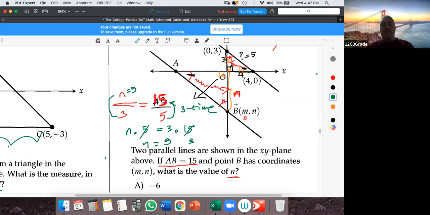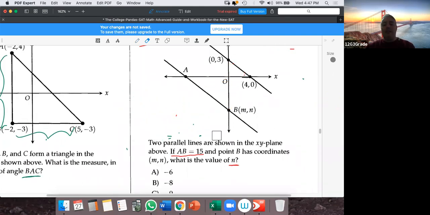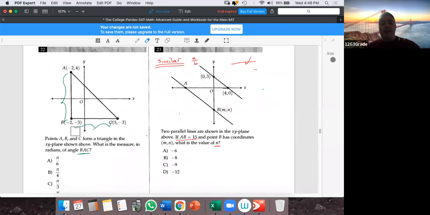So when we look at these two questions, in the first question, we found the side lengths. We see that we have a 90, 45, 45 triangle, since the sides are equal to each other, and this is 90 degrees.